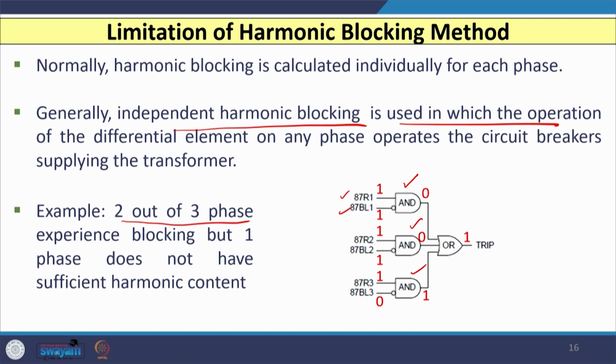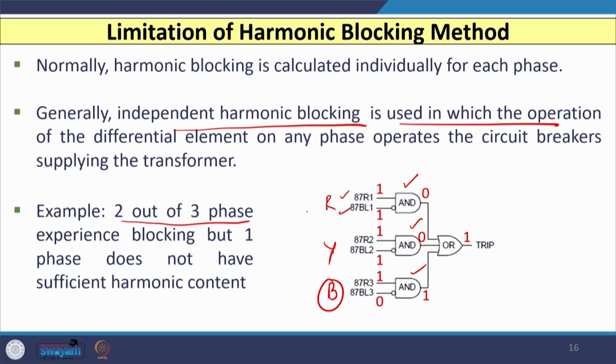That means, in 2 phases, let us say we have the inrush current or percentage of second harmonic that is greater than the threshold value, let us say in R phase and in Y phase, but in B phase the percentage value of second harmonic is lower than the threshold value.